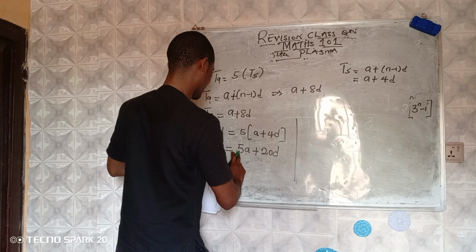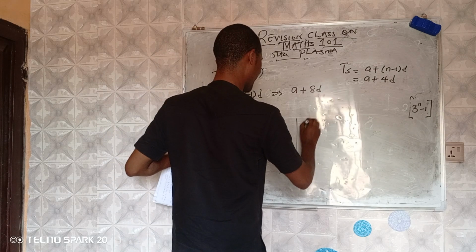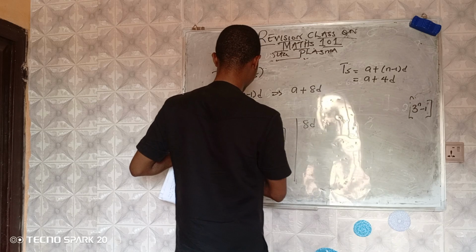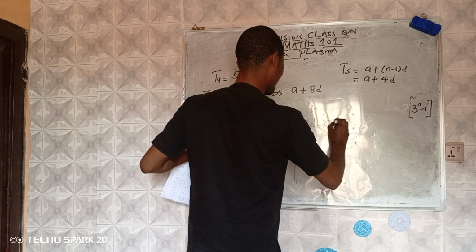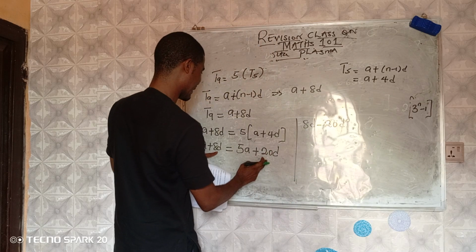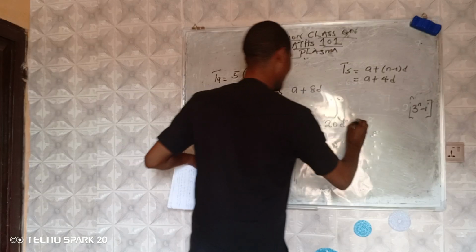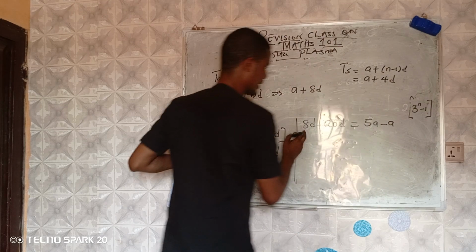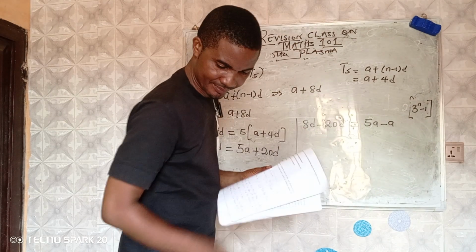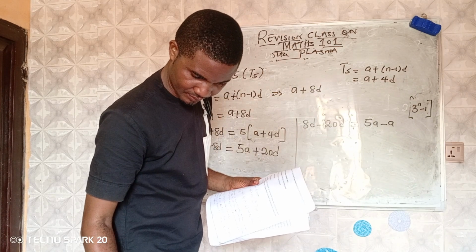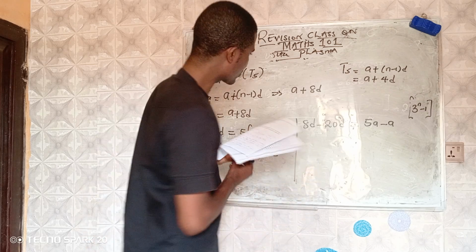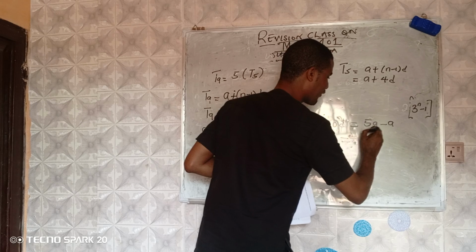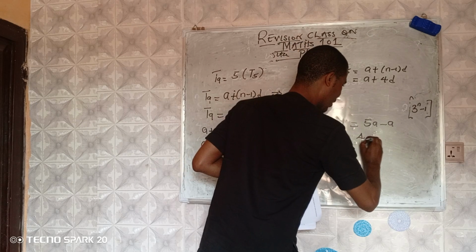I have 8D minus 20D is equal to 5A minus A. So 8 minus 20 is minus 12. So I have 12D is equal to 5A minus A, which is 4A.